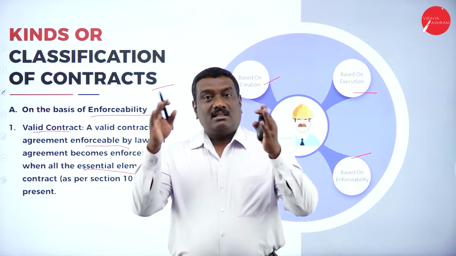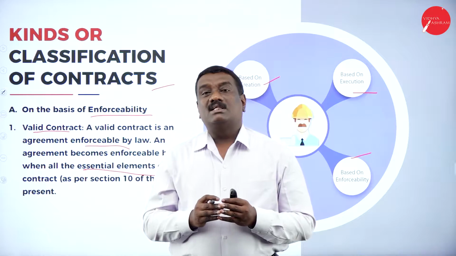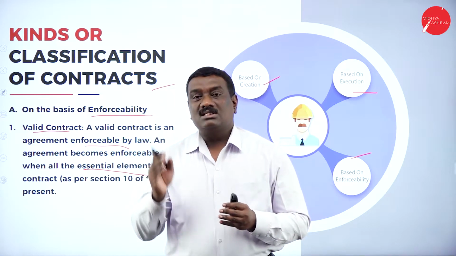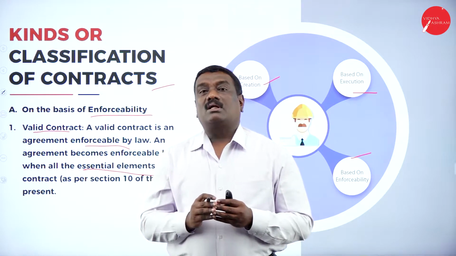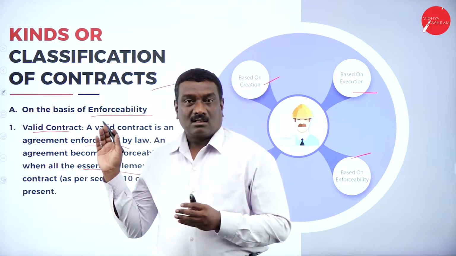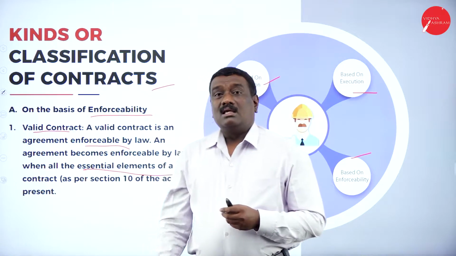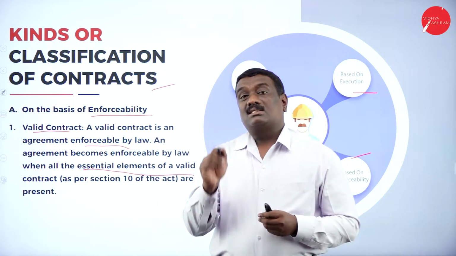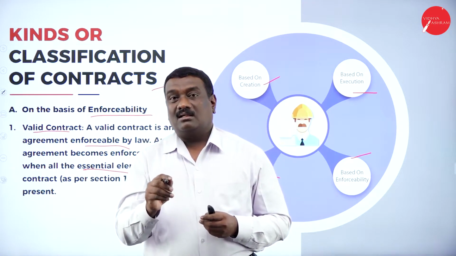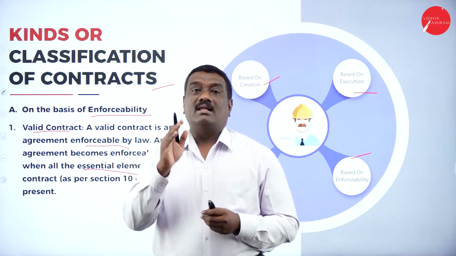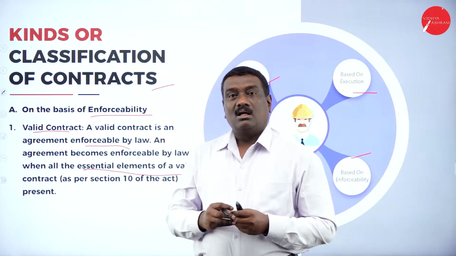Like this, all the essentials of a valid contract should be present in that particular contract. Then only it can be called a valid contract. Even if any one of the essentials is missing, then it cannot become a valid contract. It becomes a void contract.